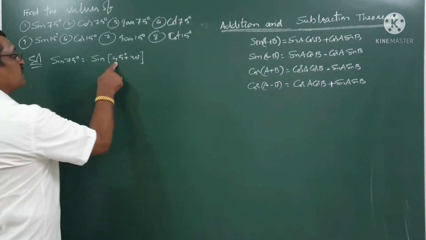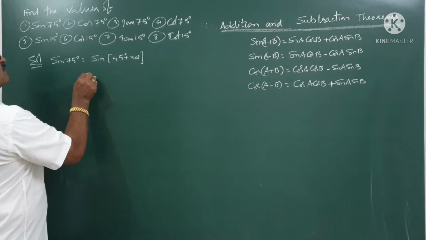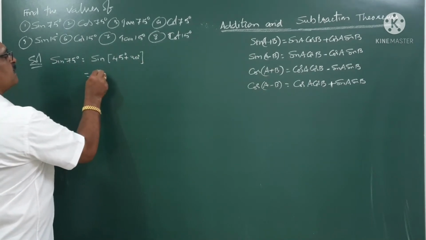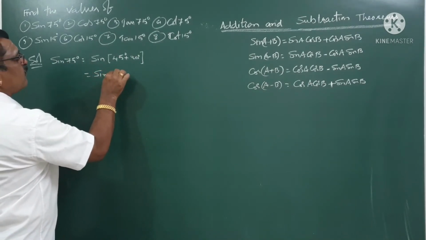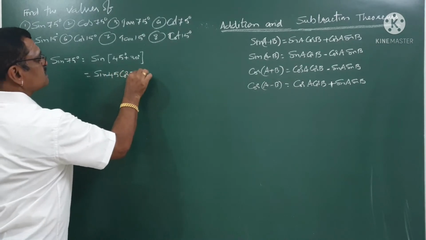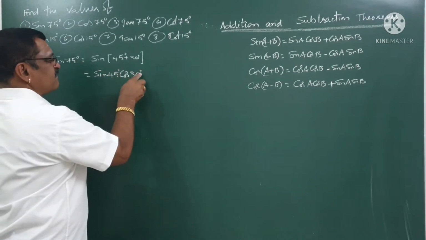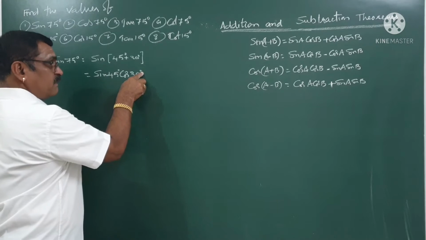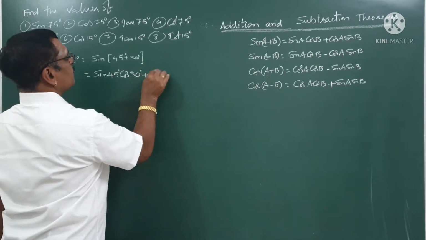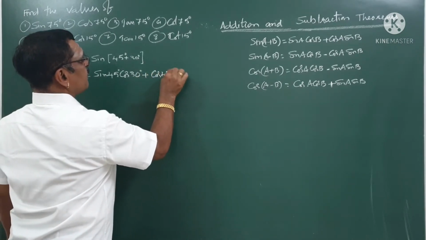So I expressed this as 45 plus 30. Simply I go for the identity: sin 45 cos 30, plus cos 45 sin 30. Sometimes I may miss putting the degree symbol, please excuse me.